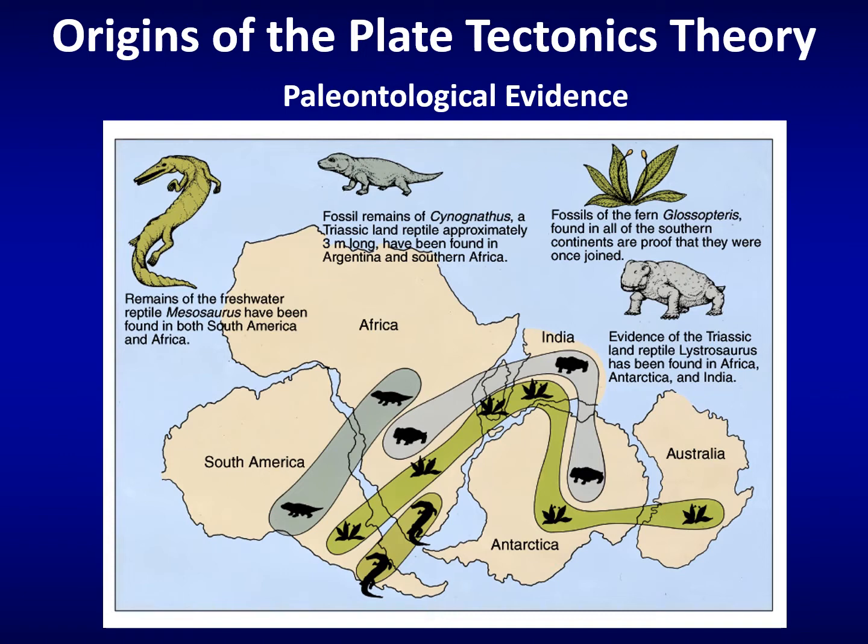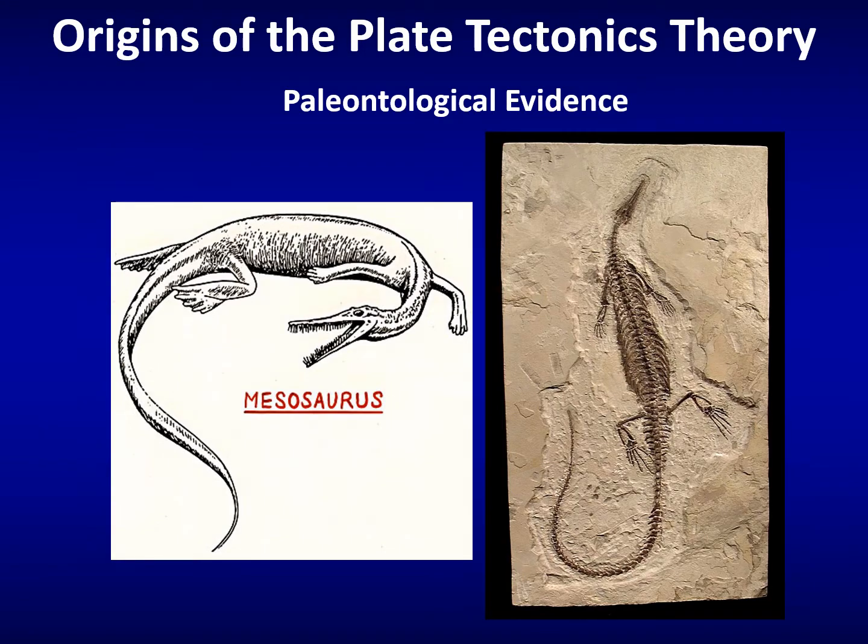It shows that these continents must have been together, because you couldn't have this freshwater reptile or these land reptiles, for example, appear in the same form in both South America and Africa if they were apart and not once together. One example here is a mesosaur. This is kind of like a little alligator type animal. You can see the fossil given here. This is one of the examples both in South America and Africa.